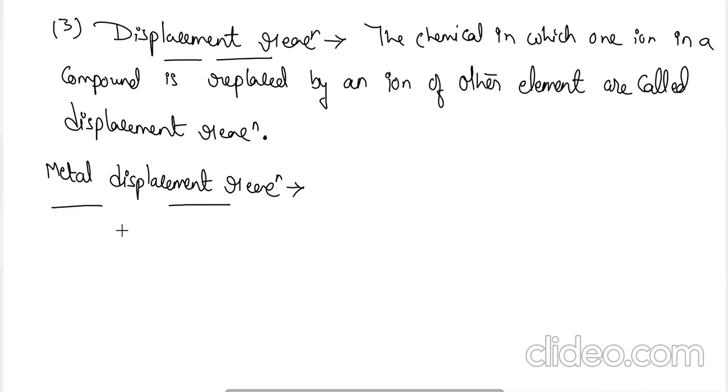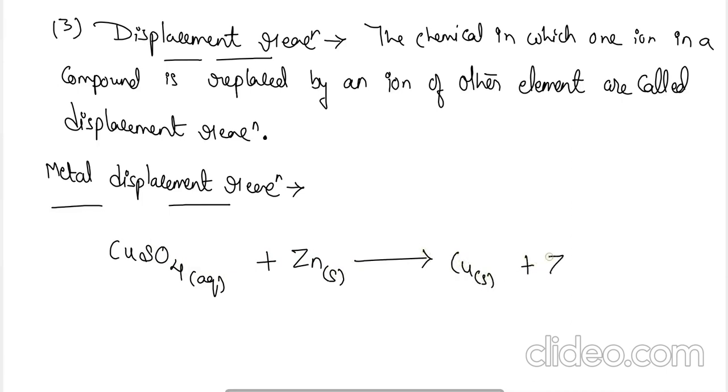Then it will be termed a metal displacement reaction. We can take an example: copper sulfate in aqueous solution is displaced by solid zinc. So copper solid and zinc sulfate will be formed.